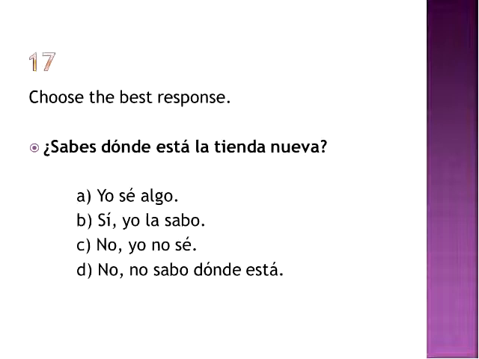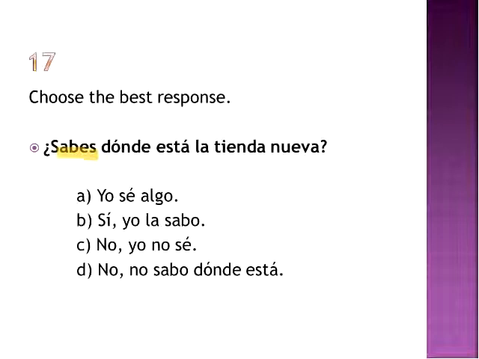Saber, this verb here, has an irregular conjugation, and that's what they're trying to see if you know. When you conjugate saber, instead of saying sabo, sabe, sabe, sabemos, sabéis, saben, the first person singular is sé.